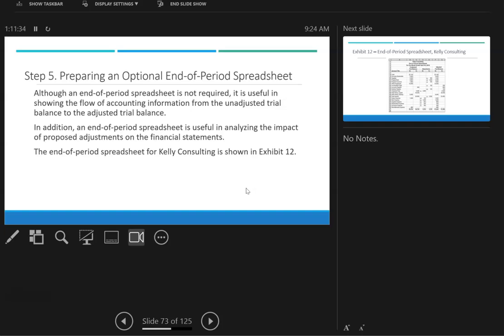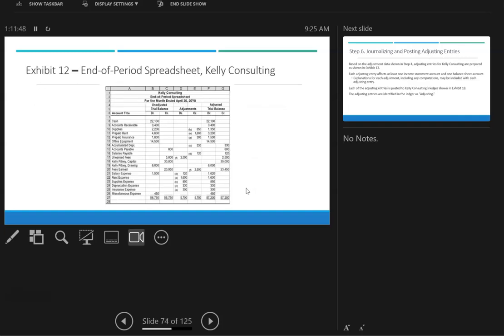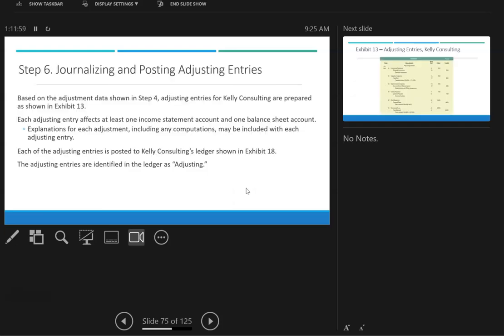You can use a spreadsheet to then show the trial balance, the adjustments, and adjusted trial balance. Again, when you're using software, this is all done for you, okay? Then we should look at our spreadsheet showing our initial balance, what adjustments we're making to come up with our adjusted trial balance.